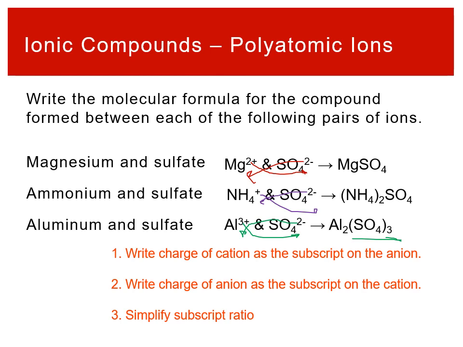Knowing that when you see the word sulfate it is SO4 2- makes it easier to move forward because you're not having to think about what that is or look it up. You can focus instead on forming the compounds and remembering all of those rules associated with ions in general and polyatomics in particular.